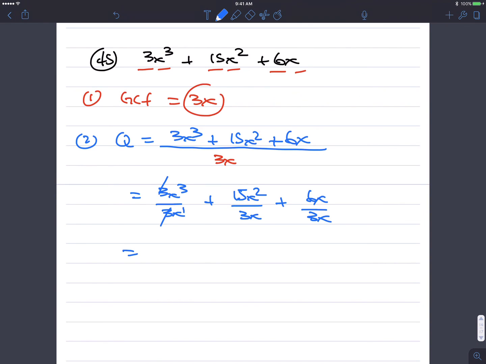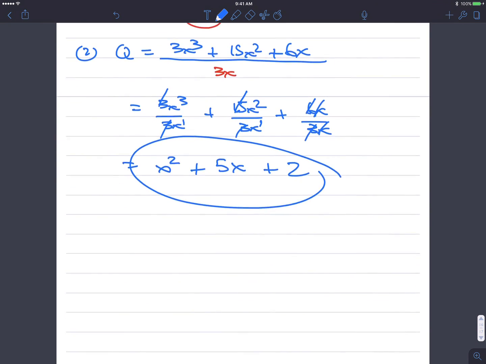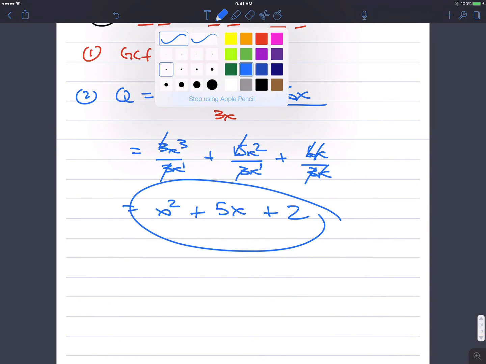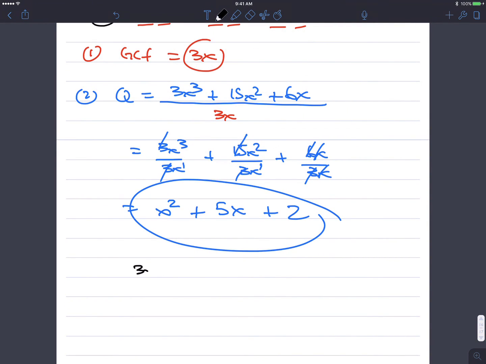What's x cubed divided by x to the first? X squared. 15 over 3 is 5. X squared divided by x to the first. Good. 6 divided by 3 is 2, my x's are gone. Final answer, 3x times x squared plus 5x plus your 2.